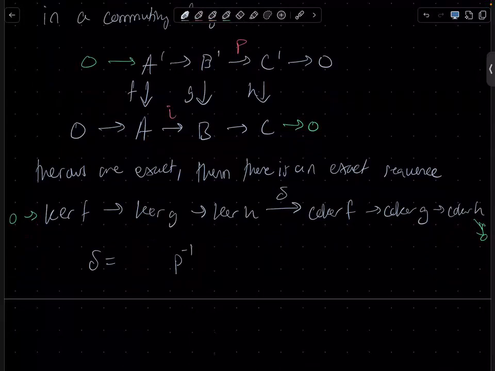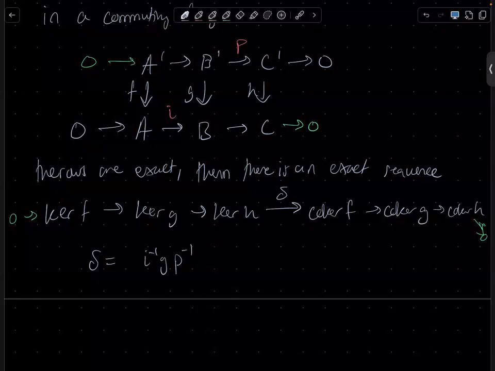But then you do the right inverse of P, then you do G, and then you do the left inverse of I. You can actually show that what you get after applying G is actually already in A, but that's part of the proof. It's this really weird map.